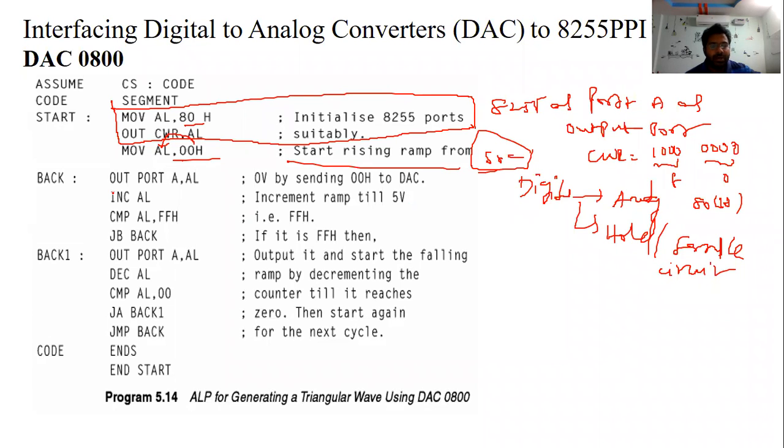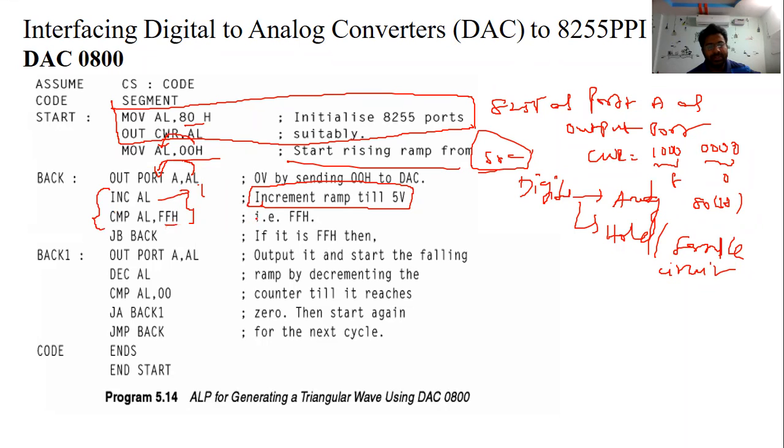Then output port A: whatever information is in AL is stored at port A. You can clear port A to all zeros, then increment the data by one, which will increment the voltage along the ramp.